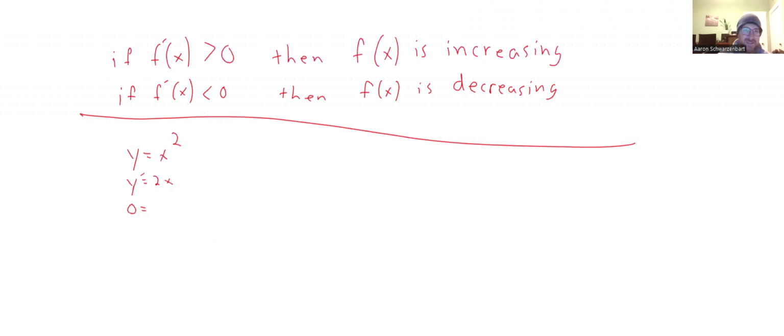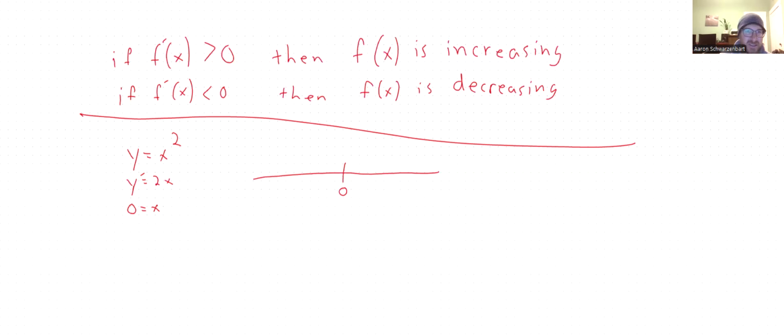But it's 0 at x equals 0. And hopefully you remember from making these sign plots, because we did a little bit of this in pre-calc.